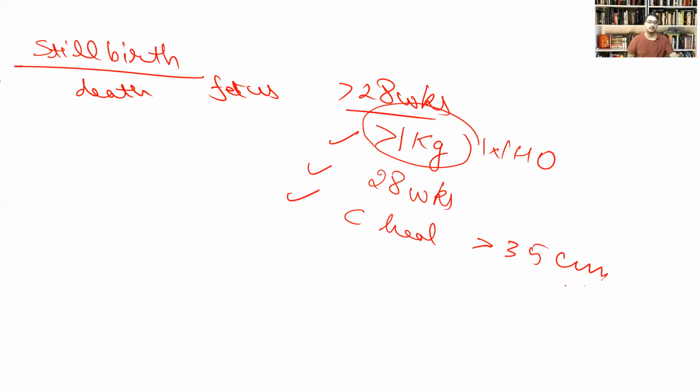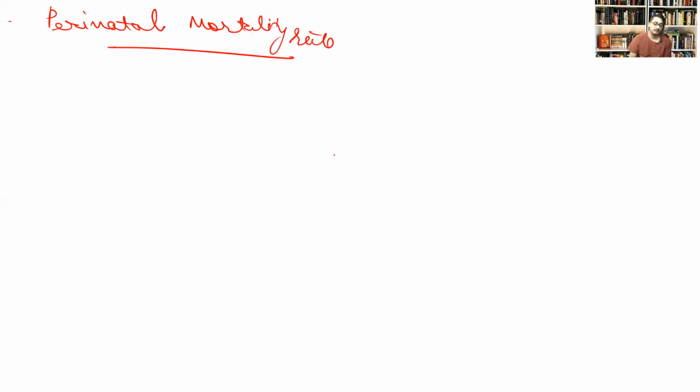Next, a new term is coming: it is called perinatal mortality rate. So what is perinatal mortality rate? Again, the denominator we know, and in this case the numerator would be late fetal deaths.